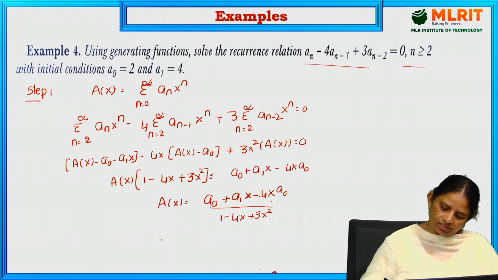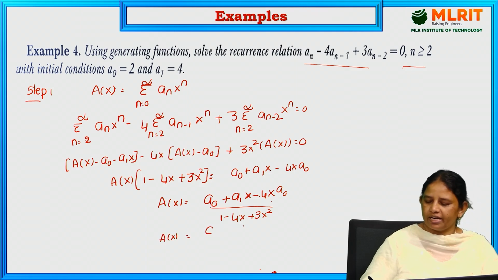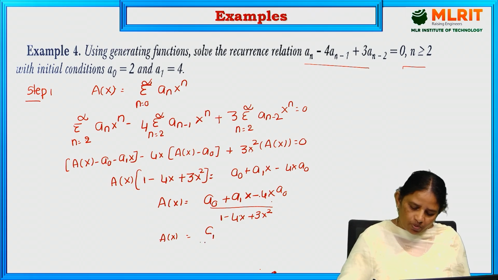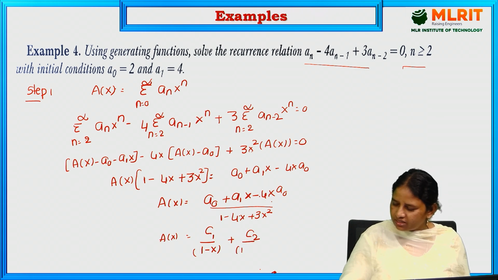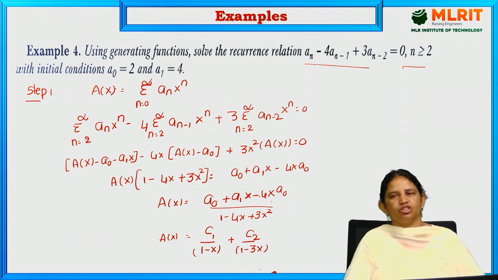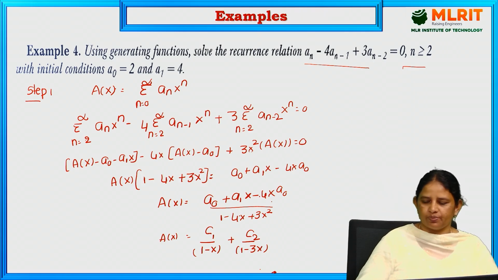Then A of x is equal to, taking the two constants, 1 minus 4x plus 3x square gives c1 by 1 minus x as one term and c2 by 1 minus 3x as another term. Then take the summation according to the recurrence relation, that means take the decomposition of partial fractions.